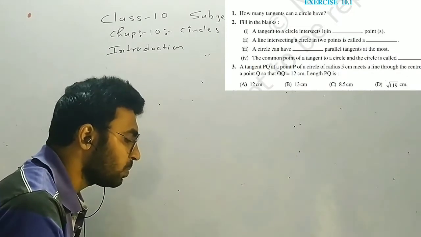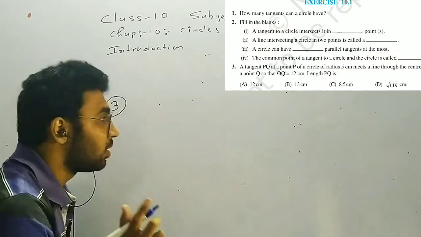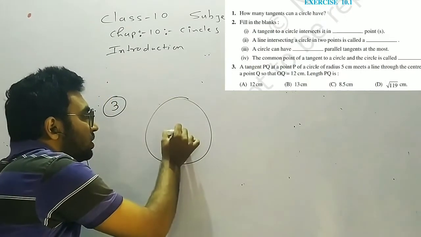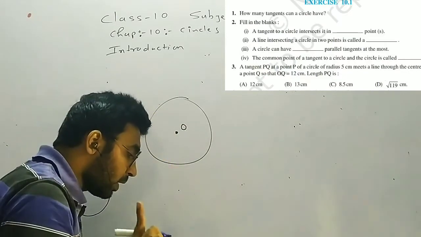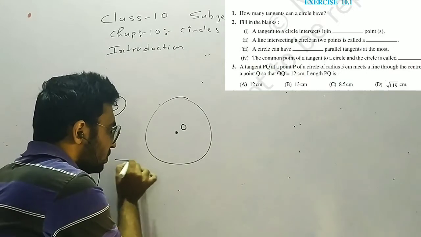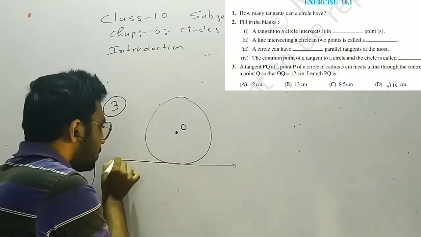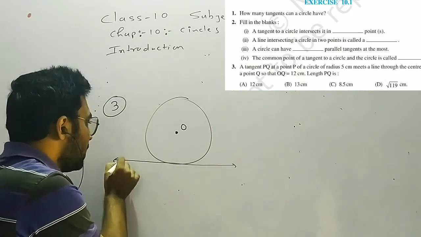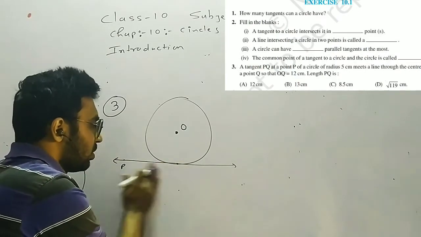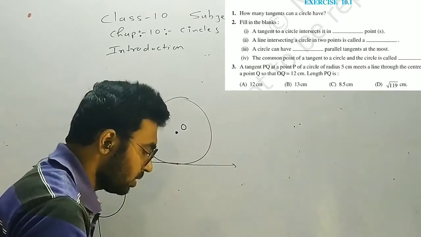Then what is the length of PQ? The center of the circle is O. PQ is a tangent. Where is P, where is Q? Read the question.